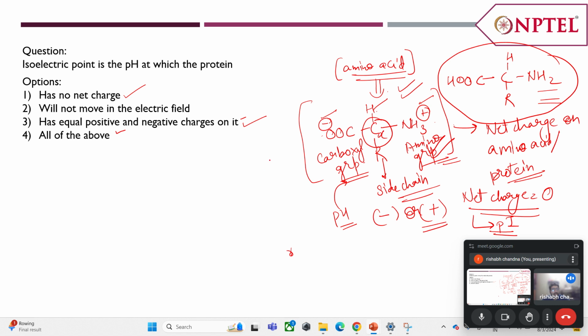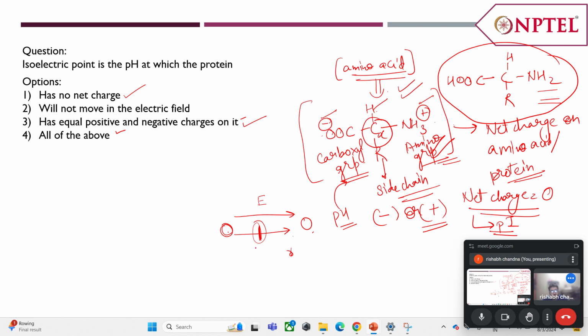And then what happens when we run it on an electrophoresis unit? As you all would have read by now, electrophoresis means movement in an electric field. When you start from a low potential to a higher potential, at some point the net charge on the protein would be zero.